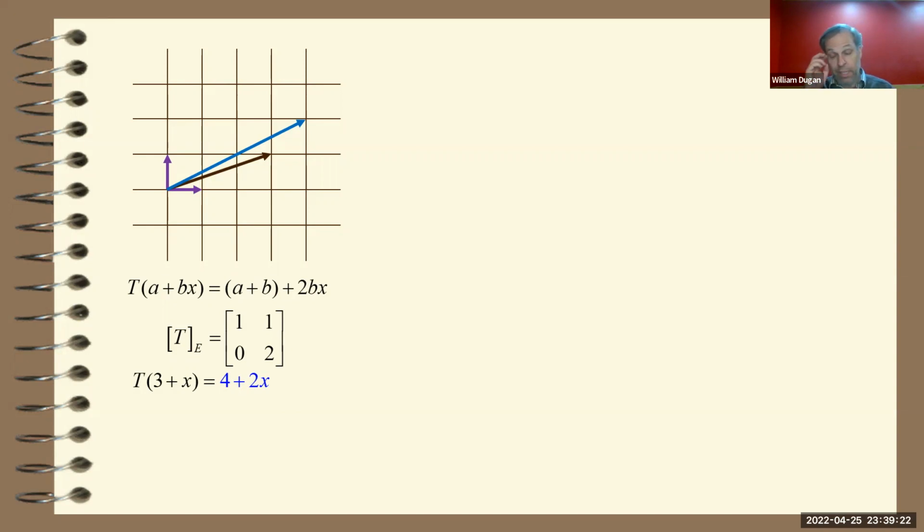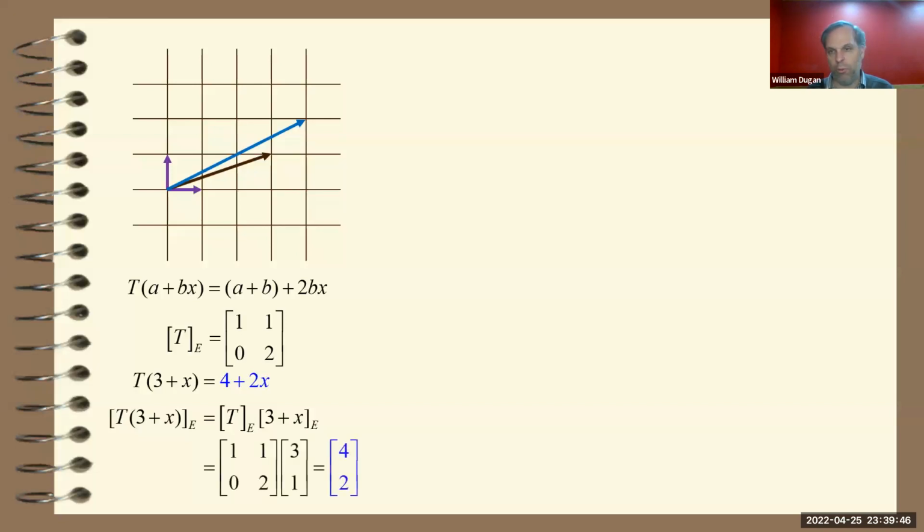Now, if you don't believe me, you can look at a different way, because we could do the other path to do the evaluation. I could find the coordinates of the transformation applied to 3 plus x relative to E by finding the matrix of T relative to E, which we know is that square matrix 1, 1, 0, 2, times the coordinates of the vector 3 plus x relative to E. That's literally just doing this matrix multiplication, and that's the vector 4, 2.